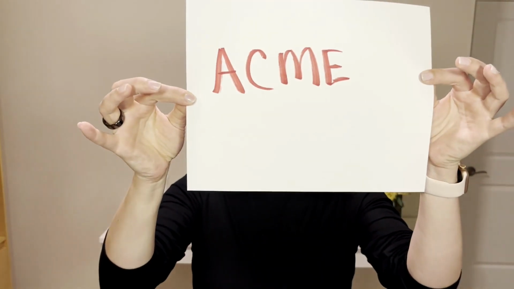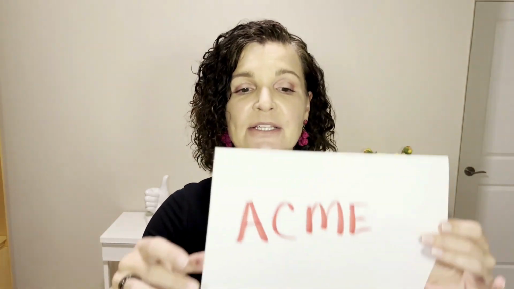So the acronym is ACME. I know it sounds weird, right? We're like, wait, Anna, we've already had this. So ACME stands for active learning, collaboration, mastery, and engagement. Okay, let me just quickly go through what I mean by that. So active learning. For me, active learning is the fact that somebody is able to make meaning for themselves out of the learning.